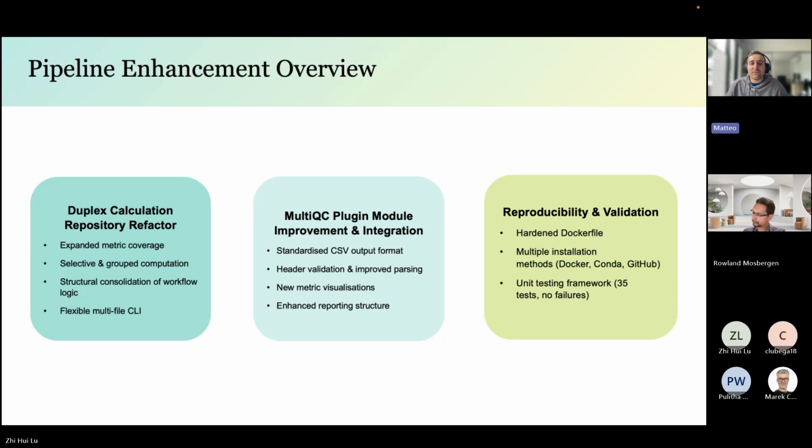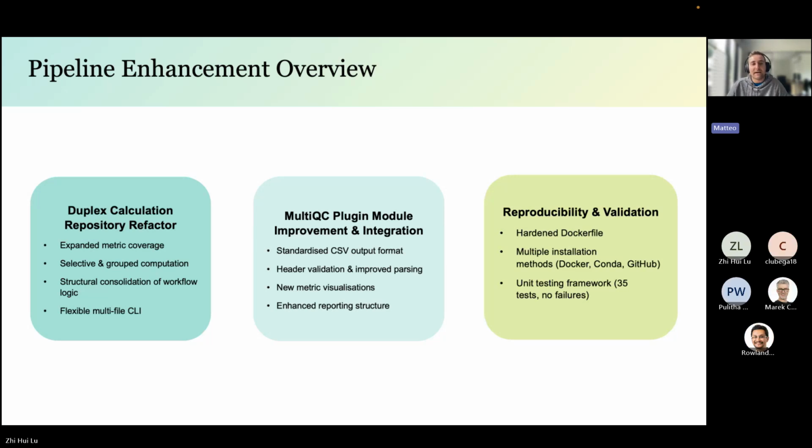This is an overview of what we have done and what we have touched. We edited the RepoC calculate duplex metrics. We refactored it, expanded metric coverage, and made other small enhancements to the CLI. We also edited the MultiQC plugin repo to standardize the output format and include new metrics and new metric plots.